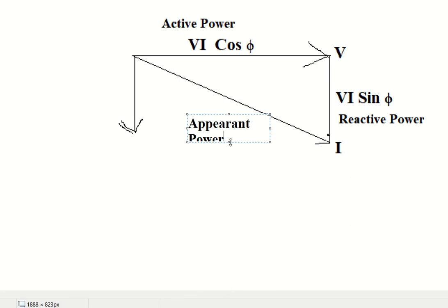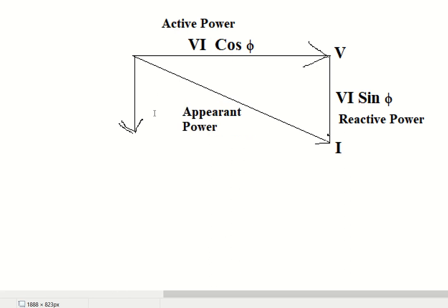So this is nothing but the vector addition of these two, and if you just want to find the magnitude, you can do the square root of P squared plus Q squared.